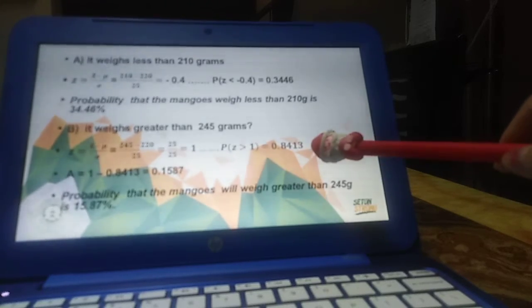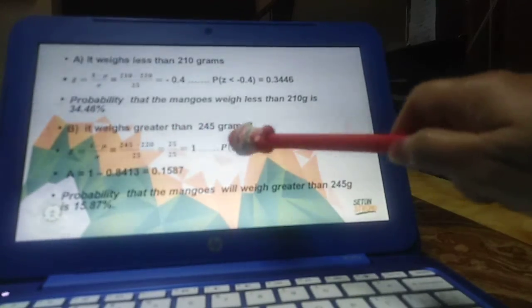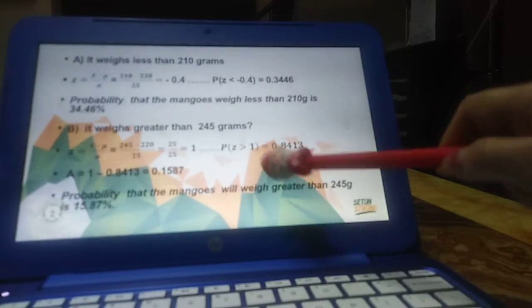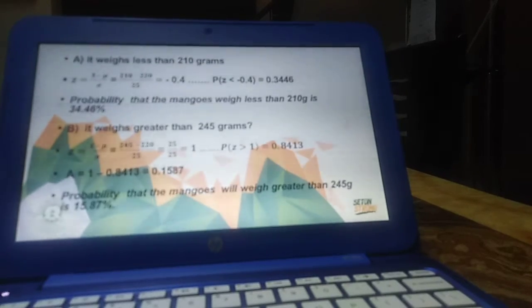But since we're looking for greater than 245, whatever this area is will have to be subtracted from 1. Subtracting, we're going to get 1 minus 0.8413 is equal to 0.1587. Therefore, the probability that the mangoes will weigh greater than 245 grams is 15.87%.